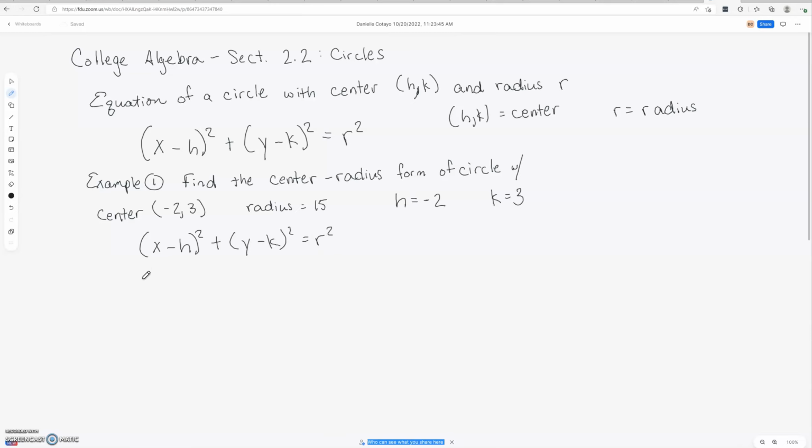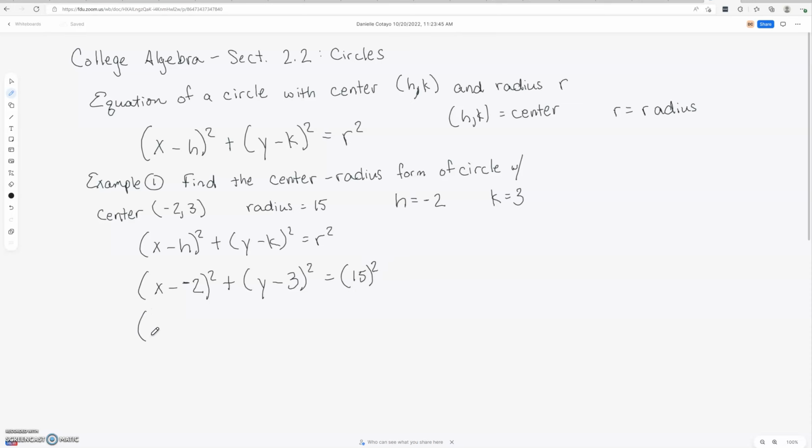Okay, so x minus my h, which is -2, so (x minus -2) squared plus (y minus my k, which is 3) squared is equal to my radius, which was 15, so 15 squared.